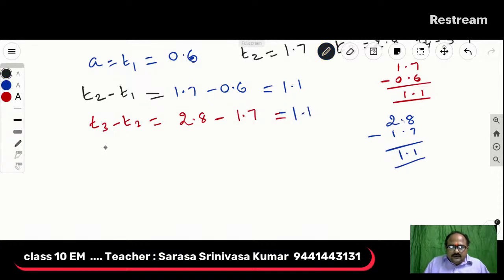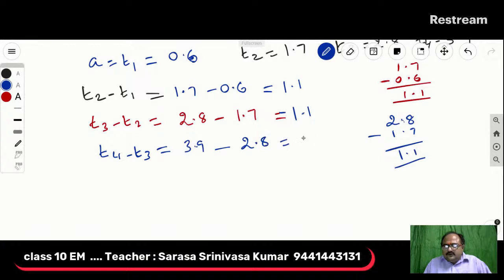Now we write T4 minus T3. T4 is 3.9, minus T3, which is 2.8.